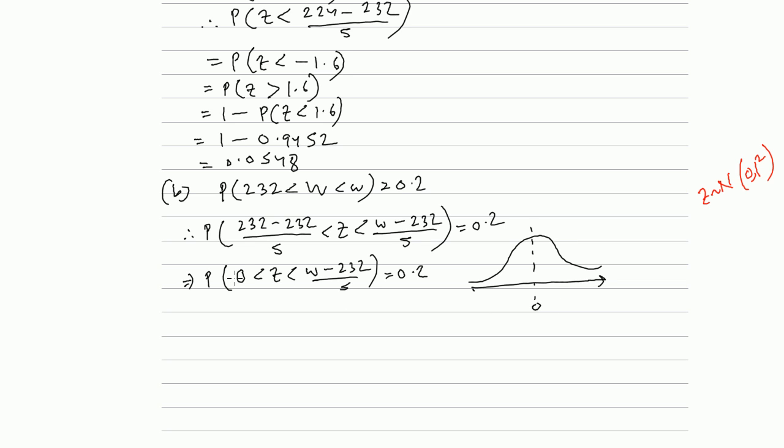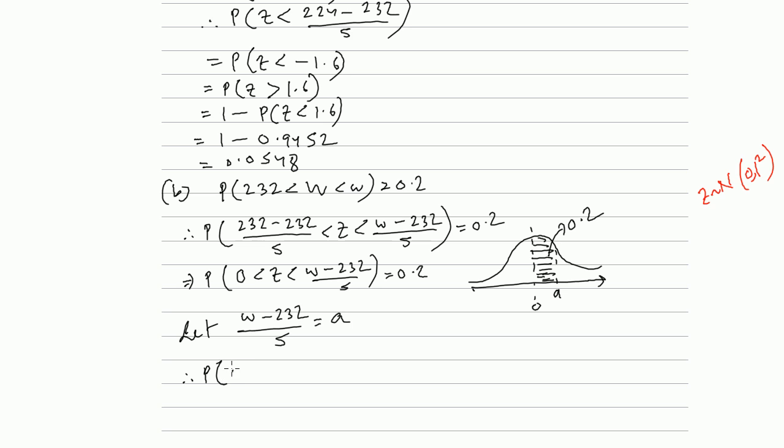If you start sketching from 0 to this side and you want 20%, 0.2 means 20%, so 0 to A, this is 20%. So that means let this W minus 232 by 5 be equal to A. Always use a substitution and always use an alphabet, whether it's positive, if it's before 0 it should be negative, to do this type 2 sum.